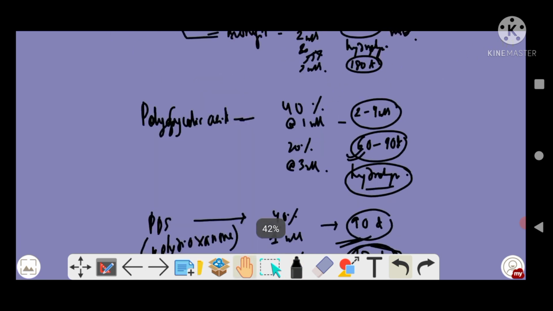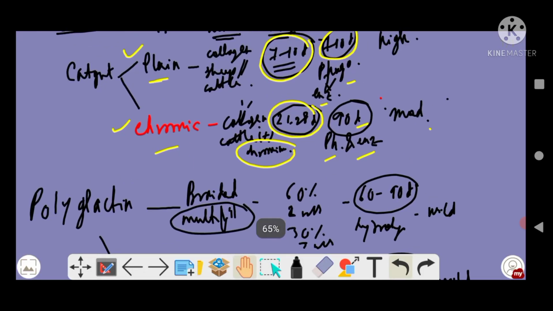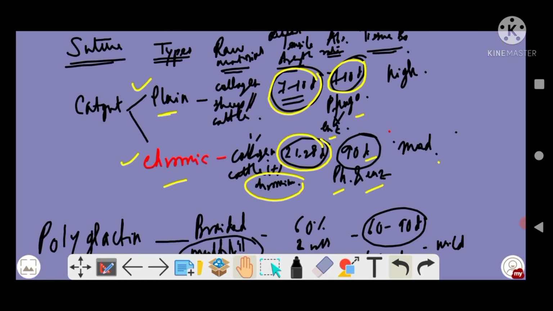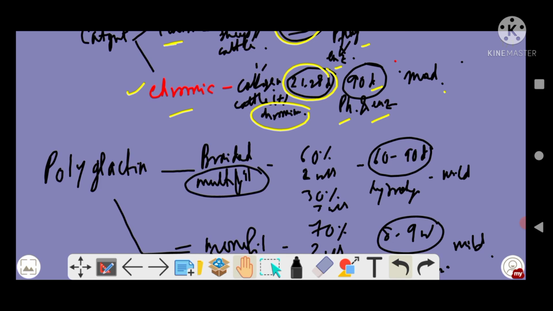So let's see all the sutures again. These are your absorbable sutures. First we took plain catgut. The absorption rate is almost 7 to 10 days for the plain catgut. Mechanism is phagocytosis and enzymatic process, right? For chromic catgut it's 90 days, same mechanism.